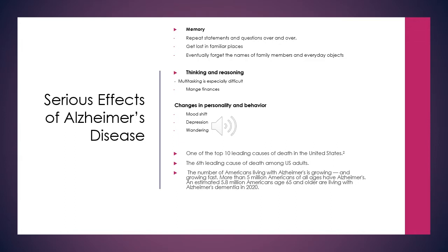So basically, with your memory when you have Alzheimer's disease, you start losing it very quickly after the age of 60. If you have been diagnosed by the age of 60, most people start feeling light symptoms, starting off with forgetting recent events or conversations they had recently. As it progresses, they start repeating statements over and over and asking questions that they have already asked before.